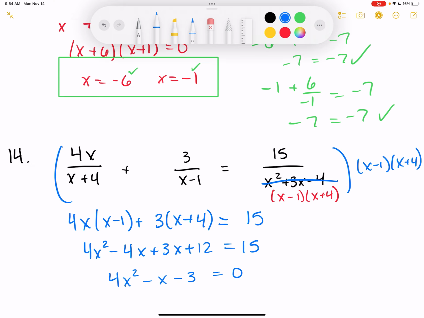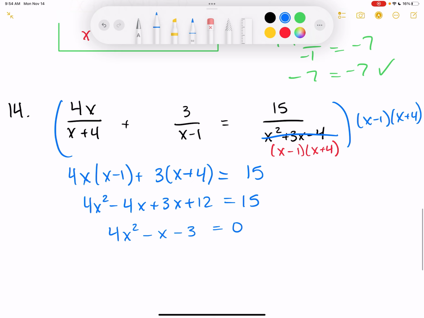What does this factor into? Wait, why is it minus 3? I subtracted the 15 from 12. I just did it all in one step to make it shorter. -4 and +3.